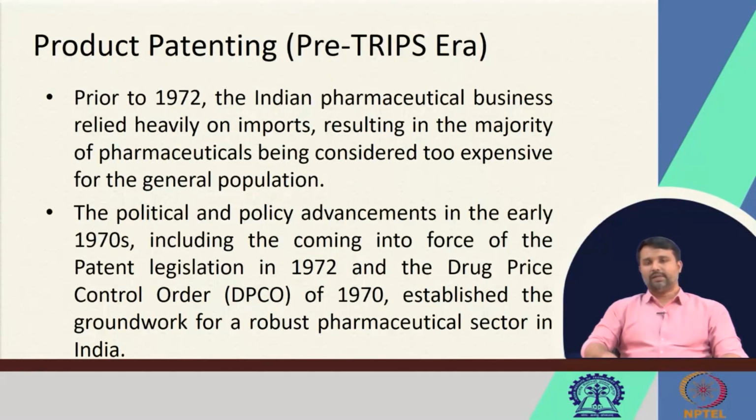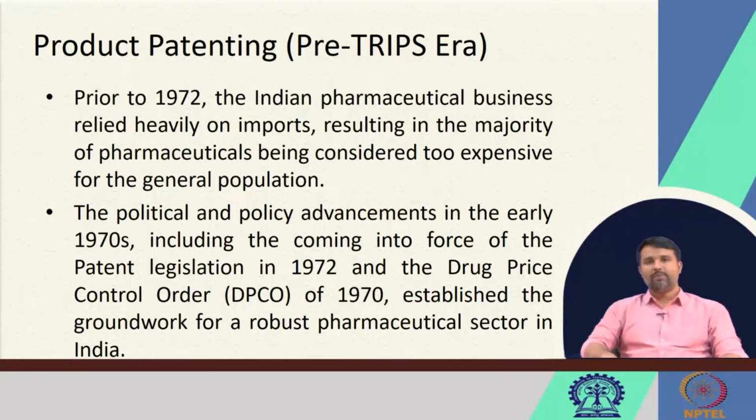The product patenting, which was introduced in the pre-TRIPS era. Prior to 1972, Indian pharmaceutical business heavily relied on imports, resulting in majority of the pharmaceuticals being considered too expensive for the general population.